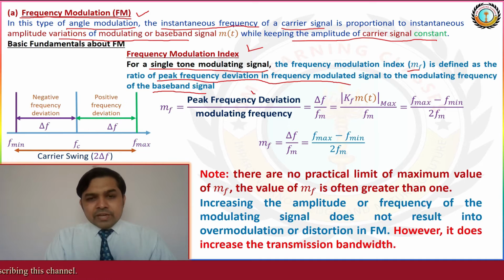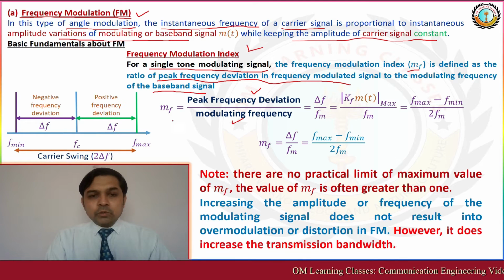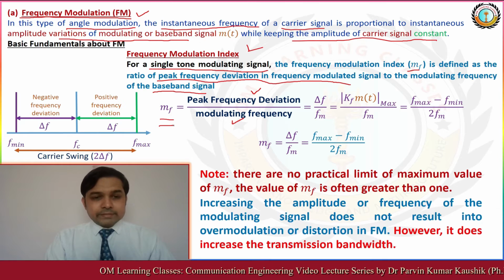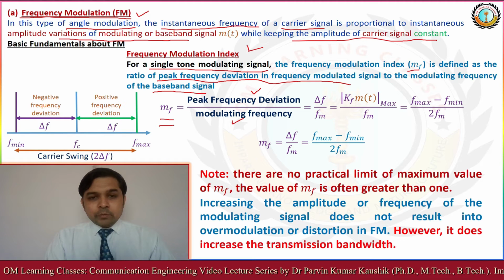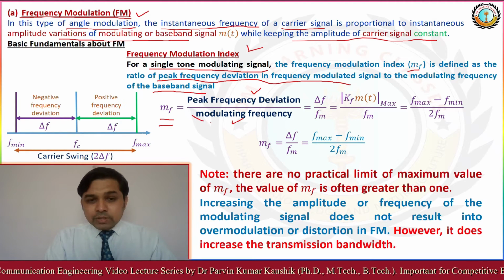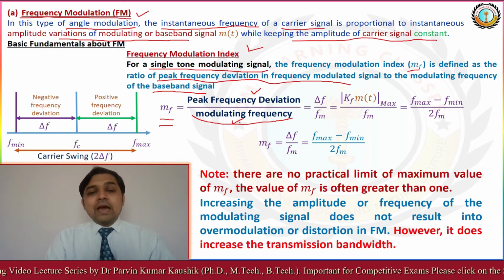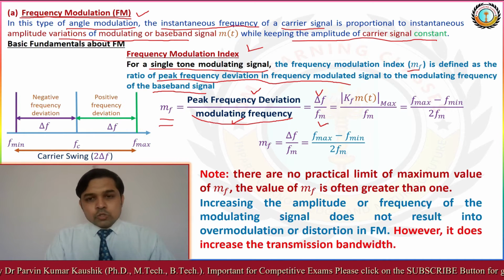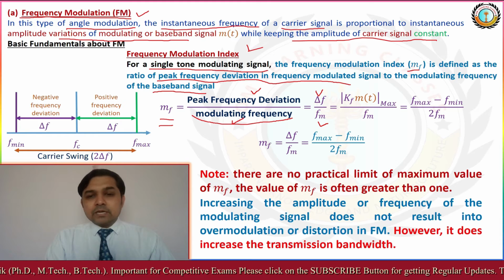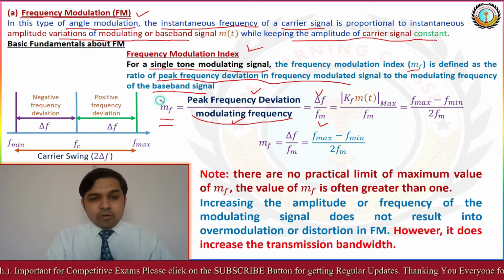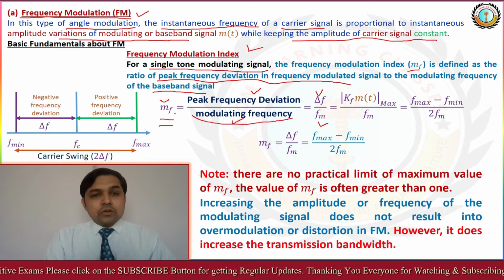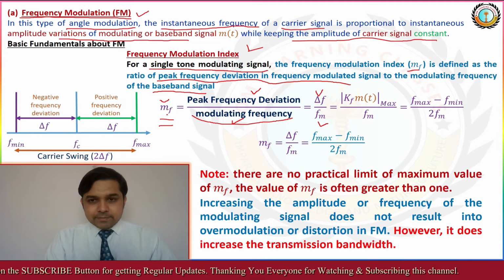So first we have the peak frequency deviation and another we have the modulating frequency, and by utilizing both the parameters we calculate the modulation index of frequency modulated signal. Very important, in this ratio, at the denominator part we have the modulating frequency. So by considering both the factors and by their ratio, we have the parameter that is frequency modulation index.